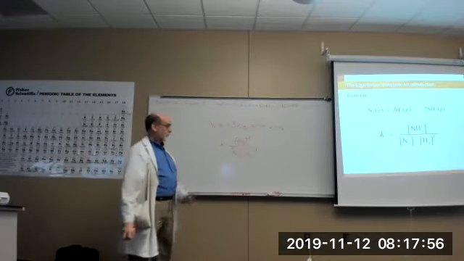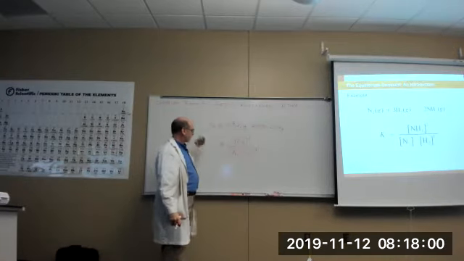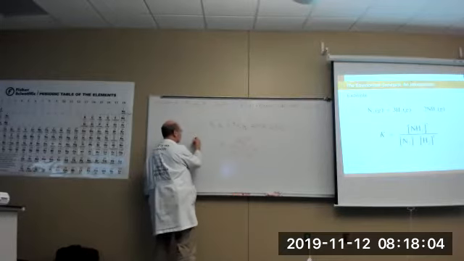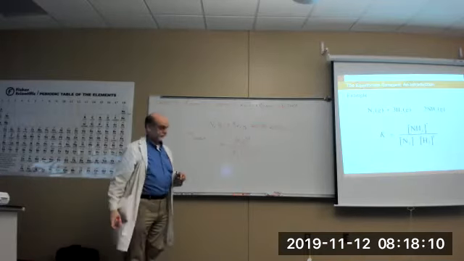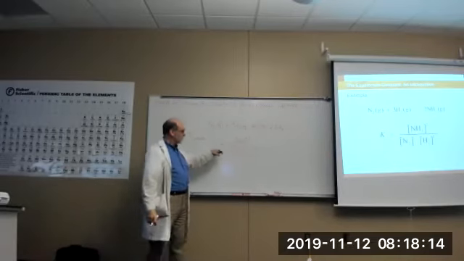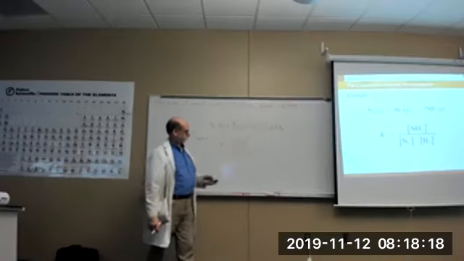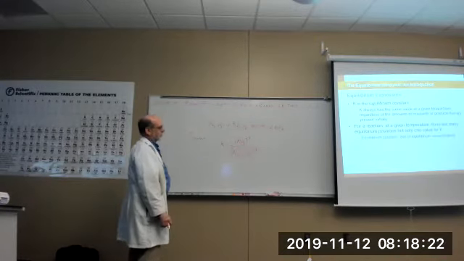Okay, so that's an equilibrium expression for this equation. And as long as the temperature is constant, that value will be constant. If the temperature changes, then you will get a different K value.